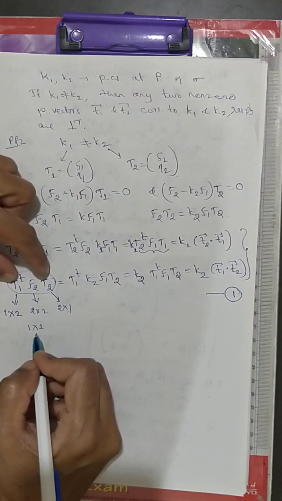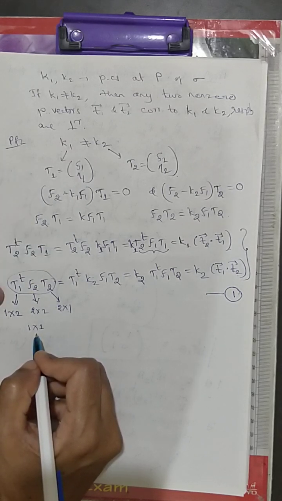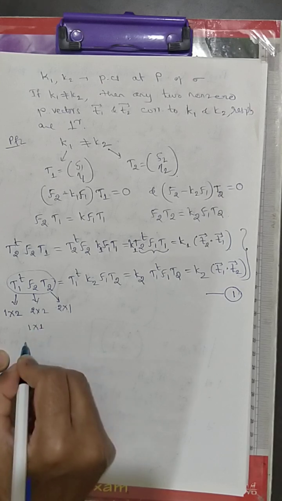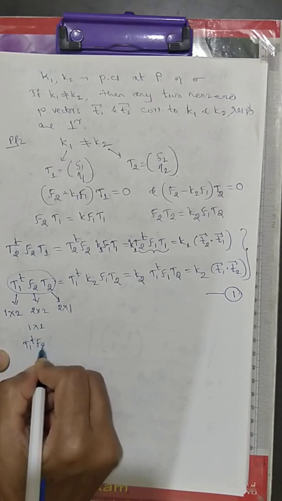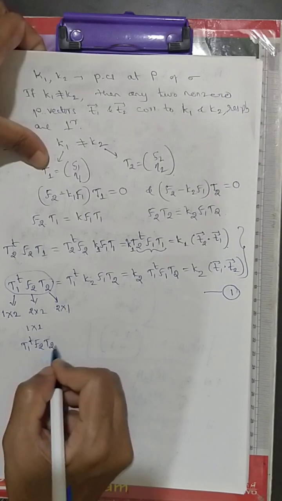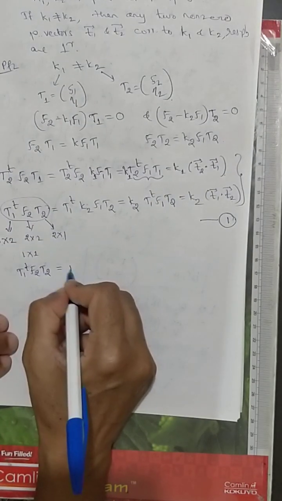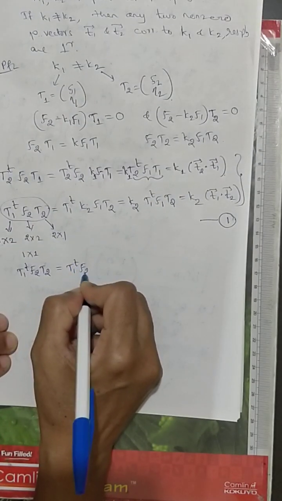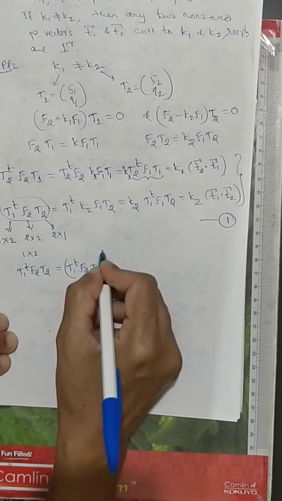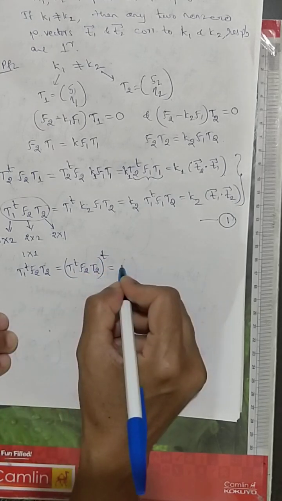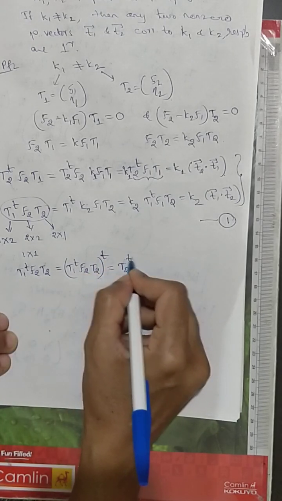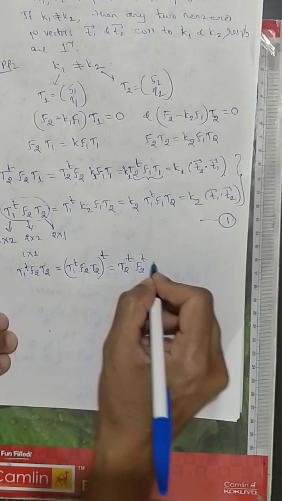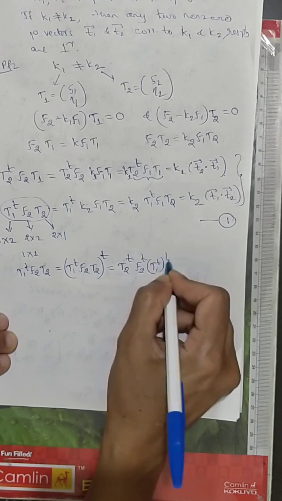So this matrix must be equal to its transpose. So t1 transpose F2 t2 is equal to (t1 transpose F2 t2) transpose. Now what is this? It is t2 transpose F2 transpose (t1 transpose) transpose.